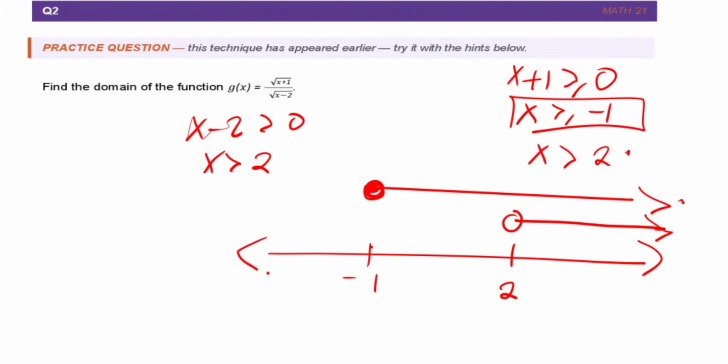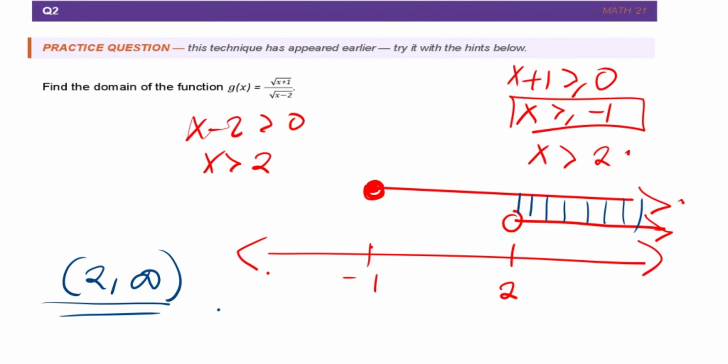Intersecting this, we can clearly see that it will fit here, meaning that the domain now is 2 not included all the way to positive infinity.